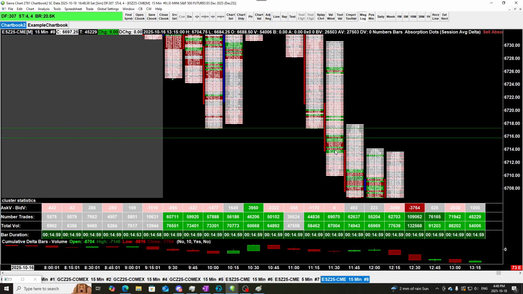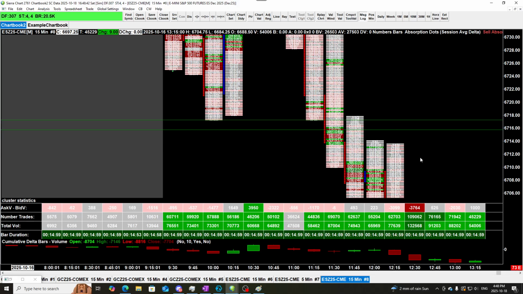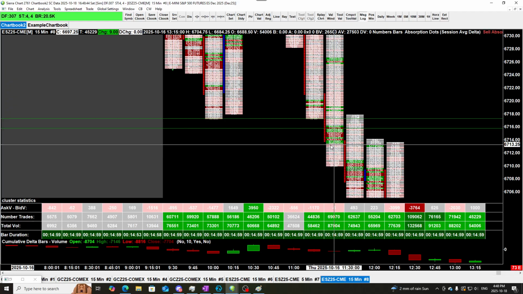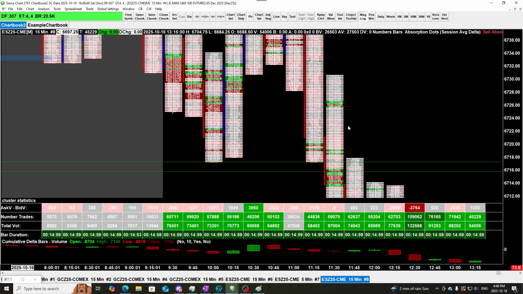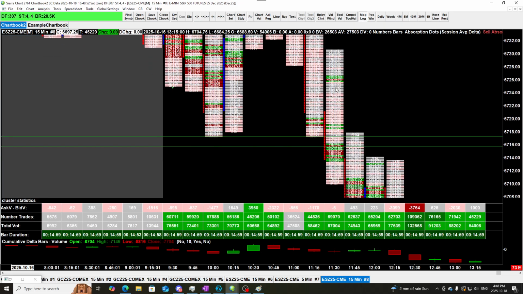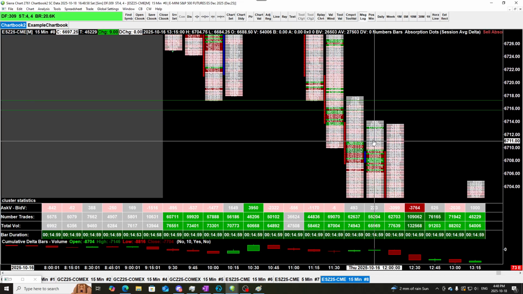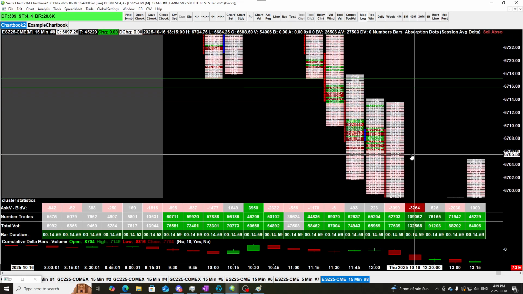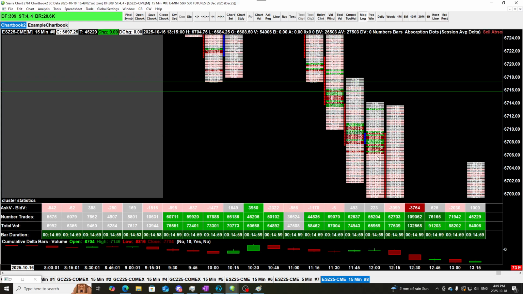Okay, below the VPOC, below the IB low, and you can without any stress take an entry over here, but by keeping the stop loss over here. Okay, so you will have to manage the risk along with the position sizing. Okay, and we went instantly down.